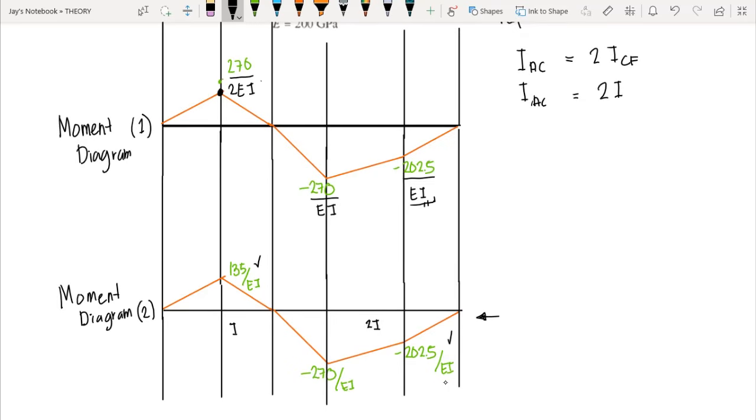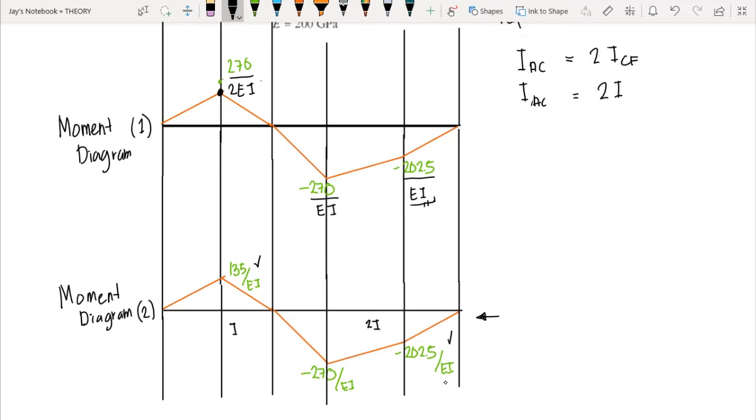Now again, we need to convert everything to a conjugate beam. We need to convert the supports into conjugate beam equivalent supports, and we have a new load, and we all know that the new load in our conjugate beam is the moment diagram itself.